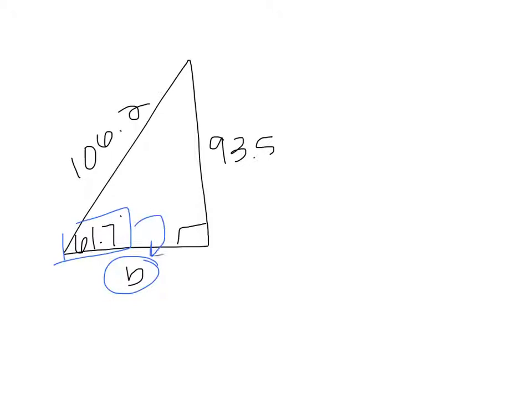The side I want to know, B, is the side adjacent to my angle. Then I can use either the side I just solved for, or let's use the 106.2, because that's going to be more accurate. That side is still the hypotenuse of my triangle.